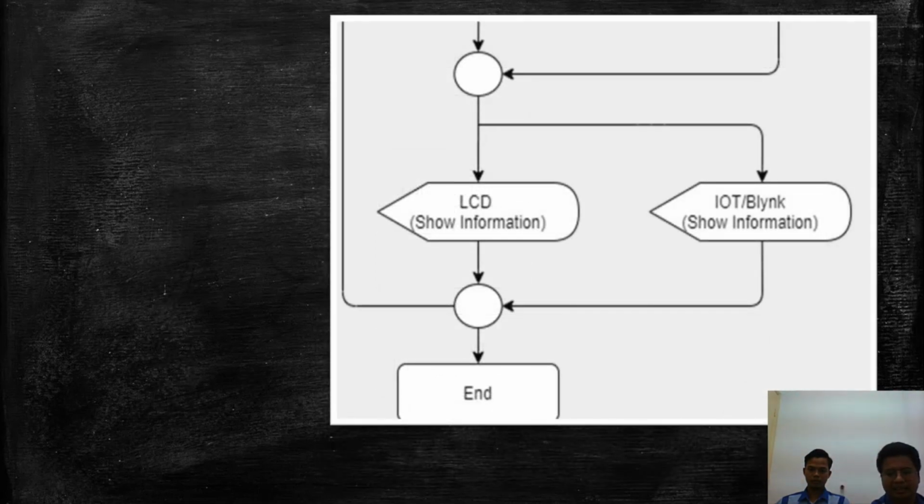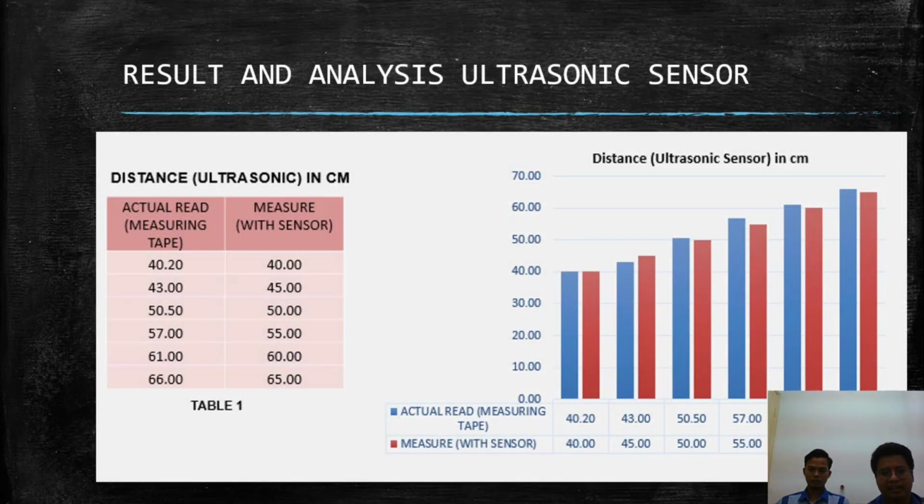Okay, this is the result analysis for the ultrasonic sensor. We use a measuring tape to compare with the ultrasonic sensor. We have a slight difference, not too much, below 10%, because the reading is 43 for the measuring tape and the sensor provides 45 cm.